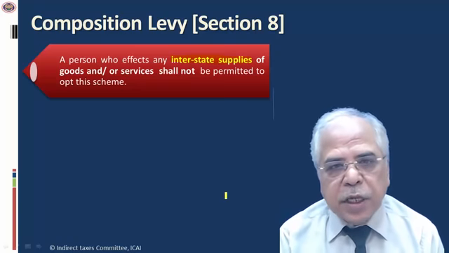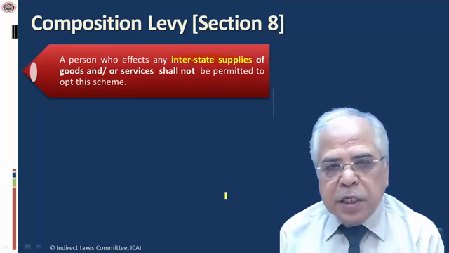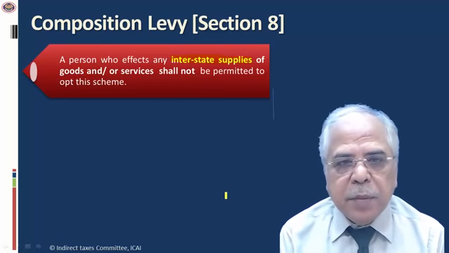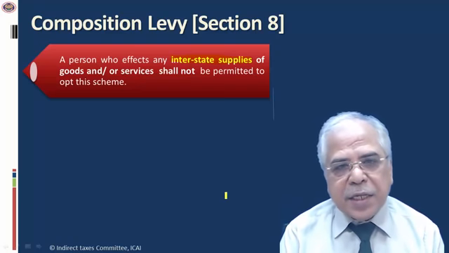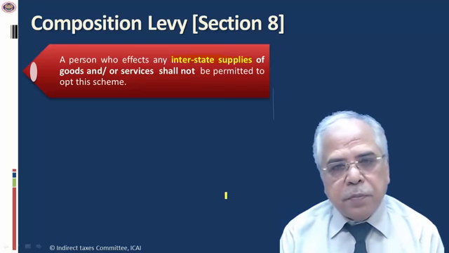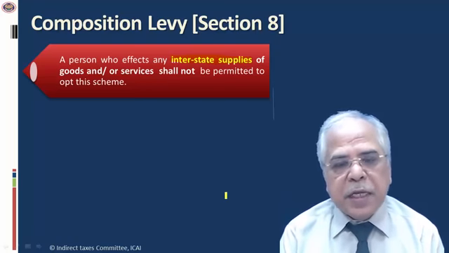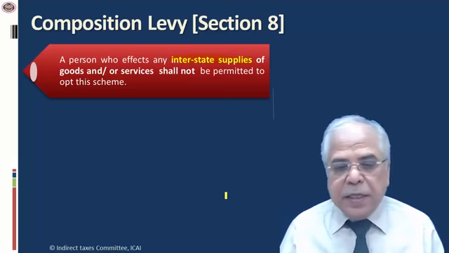So the chartered accountants, even though their turnover is less than 50 lakh, shall not be eligible to go for the composition scheme in case they are providing services to the other state, the clients or the persons or the office to whom they are billing is located in the other state. That means they are engaged in interstate supplies.